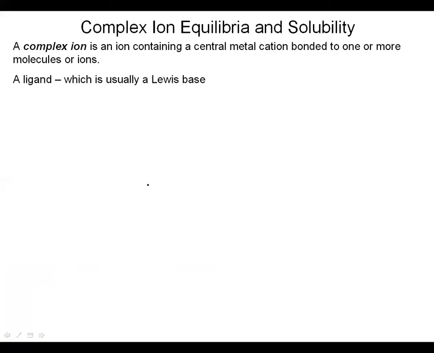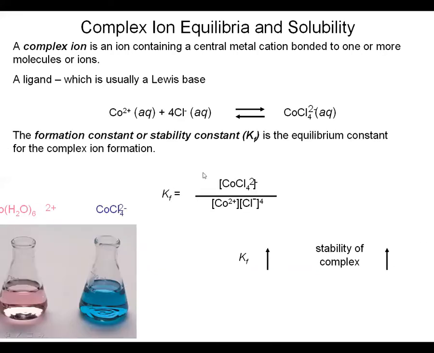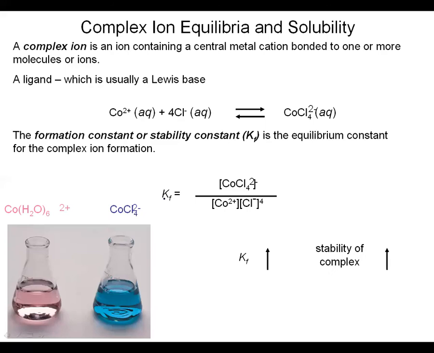All right, so then we're going to talk about complex ions and complex ion equilibrium. So we're going to add another K to the mix. A complex ion is basically a metal, usually a metal with a larger positive charge, like +2 or +3, and it has a bunch of molecules or ions attached to it.